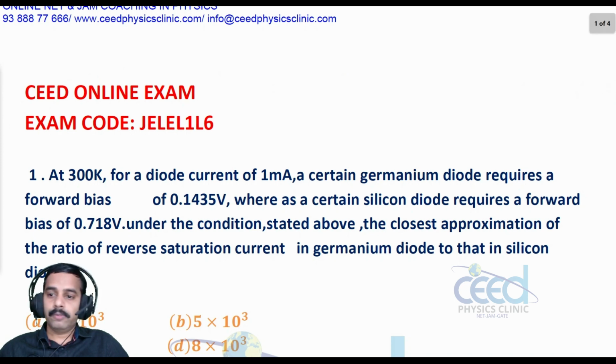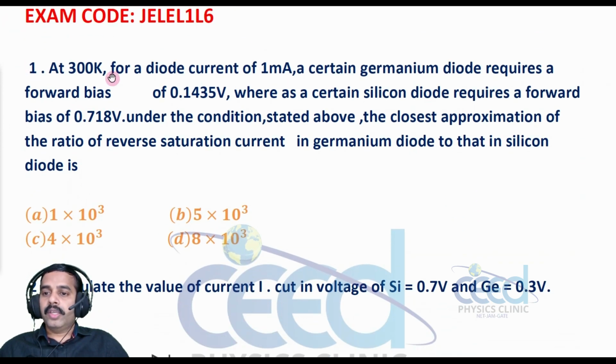First question: at 300 K, for a diode current of 1 milliampere, a certain germanium diode requires a forward bias of 0.1435 volt, whereas a certain silicon diode requires a forward bias of 0.718 volt.